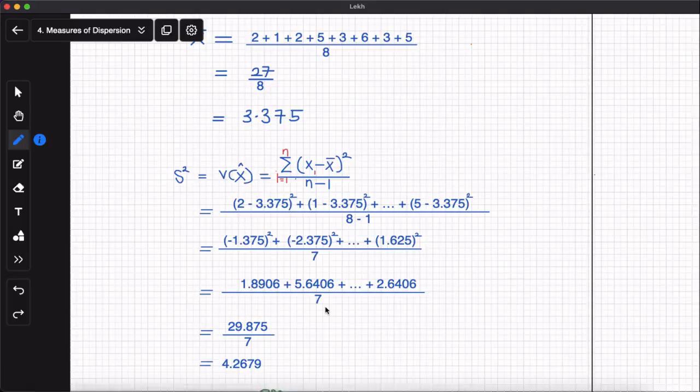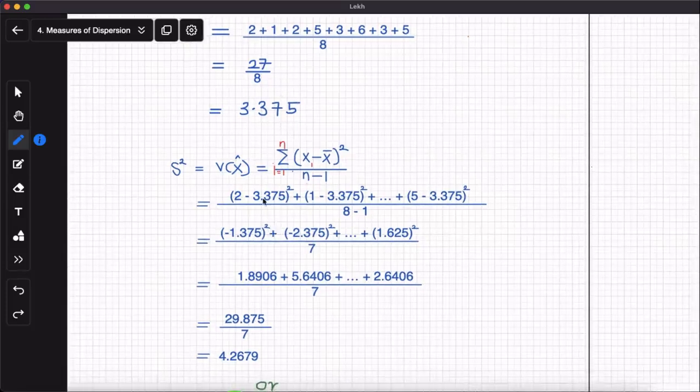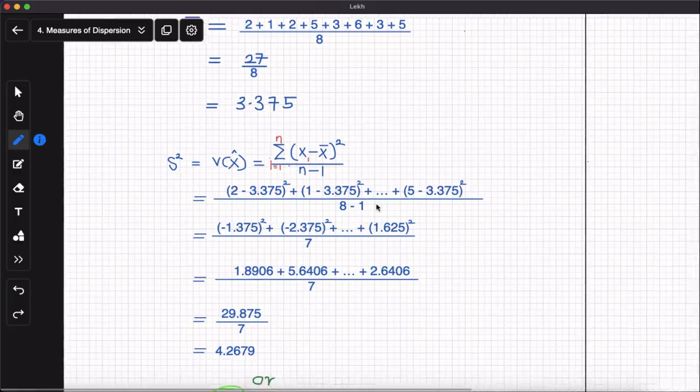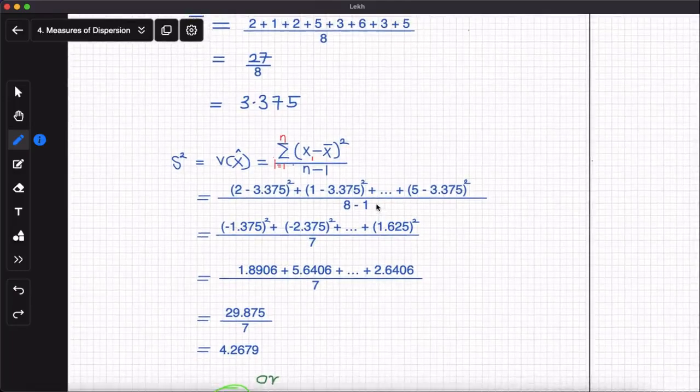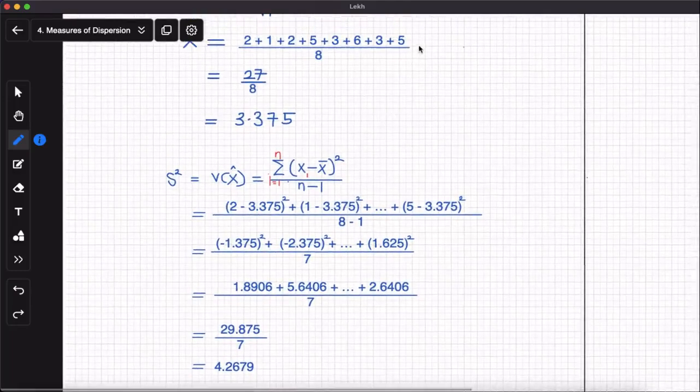If you are using this particular method and your observations are not many, like this, which is 8 actually, you should still write everything. But if your observations are getting up to 10 or more, you may not write everything.